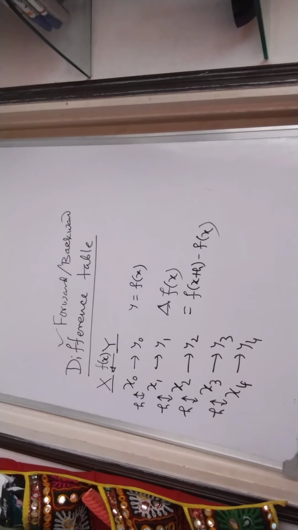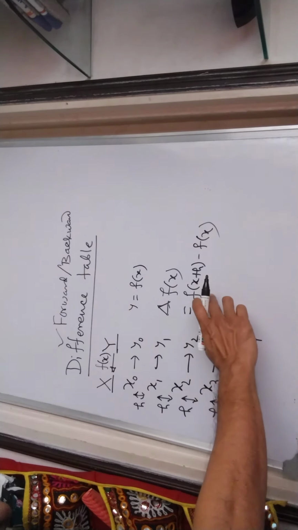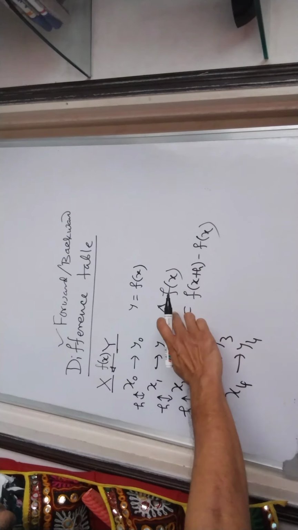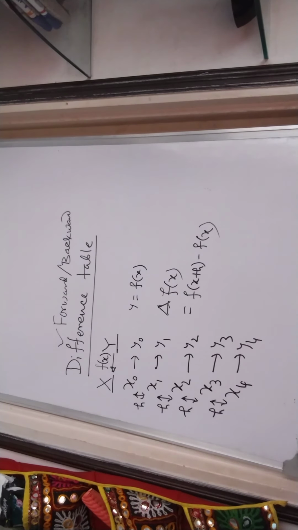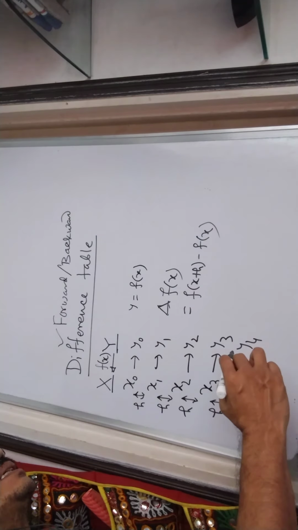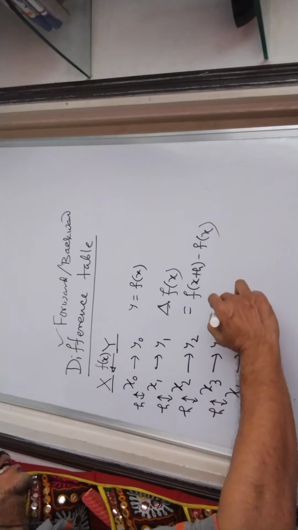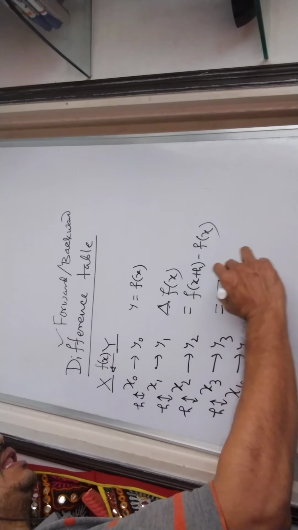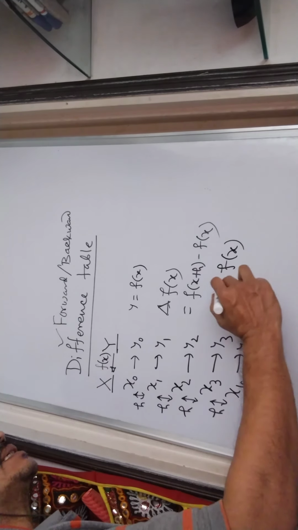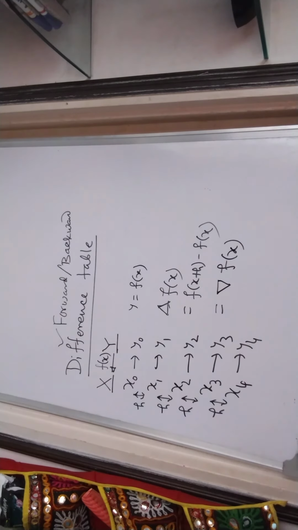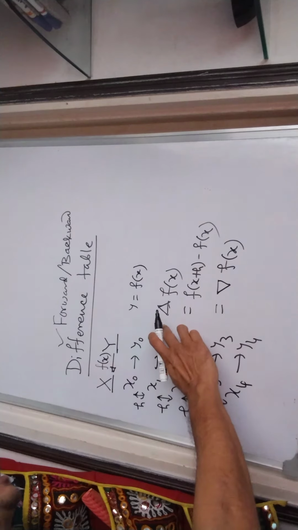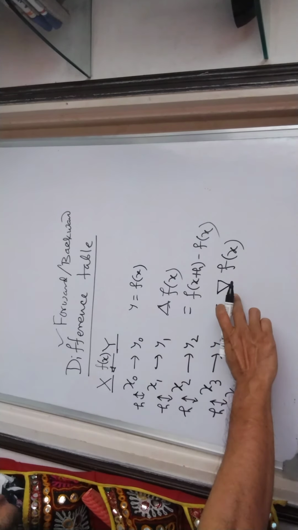Isn't it so? Forward difference. The difference f(x plus h) minus f(x) is represented as delta of f(x). And similarly, in terms of backward difference, this same difference is denoted as nabla of f(x). This is denoted by the backward difference operator. So this is the forward difference operator delta, and this is the backward difference operator nabla.